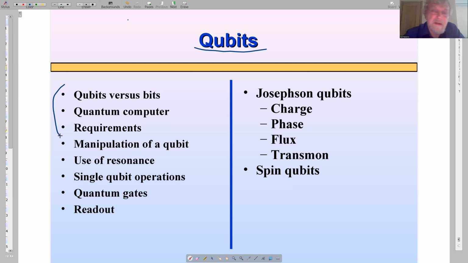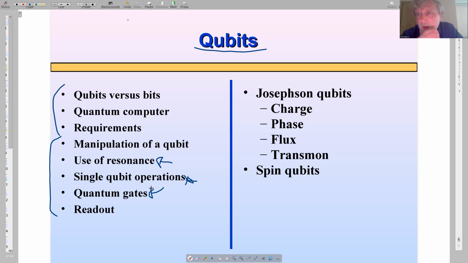A large chunk will be about quantum manipulation, about manipulating wave function, arranging qubits in configurations which are useful for quantum information processing, how to make it using resonances, how to provide single qubit operations, and quantum gates.